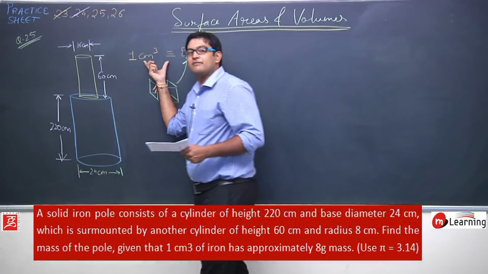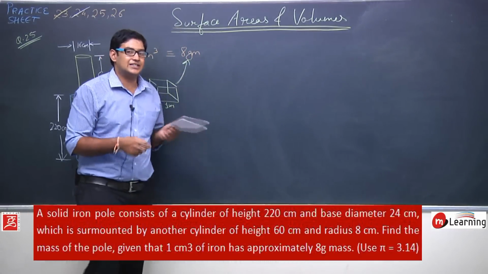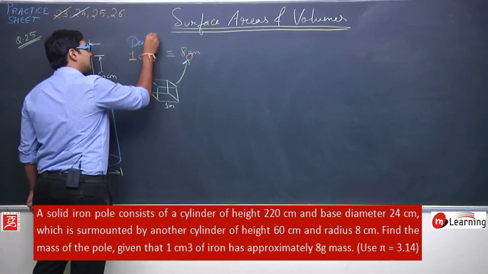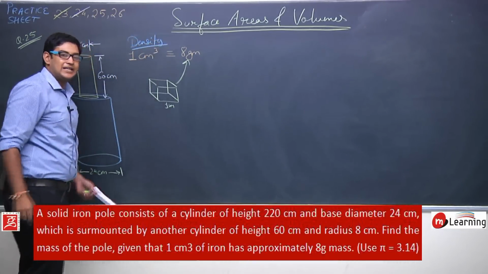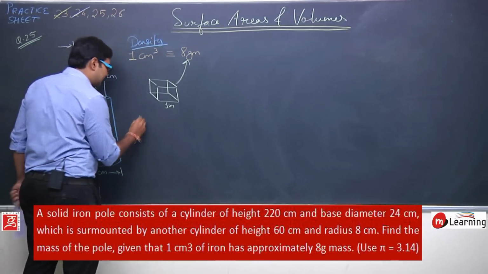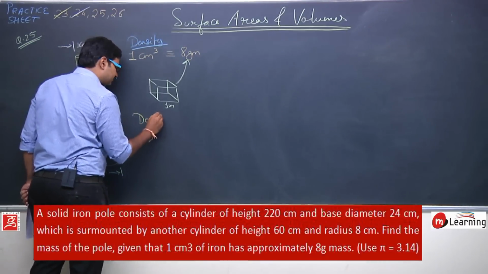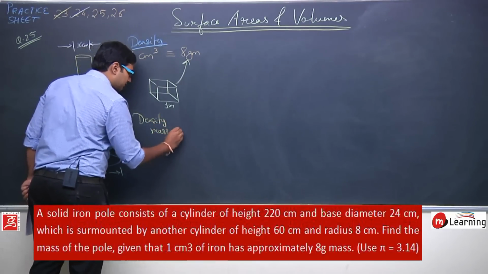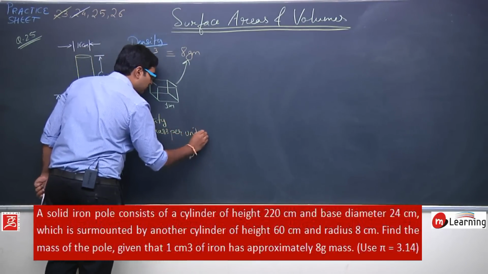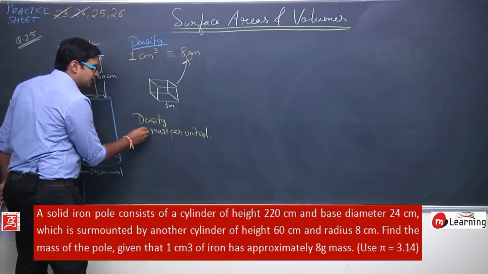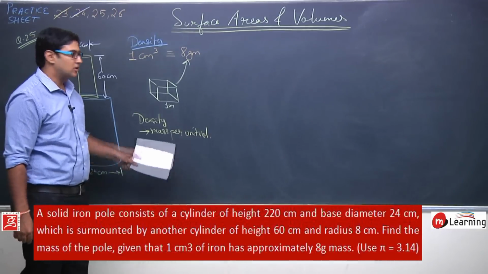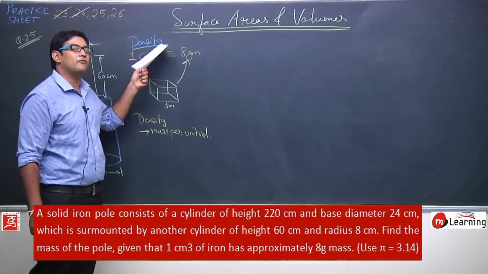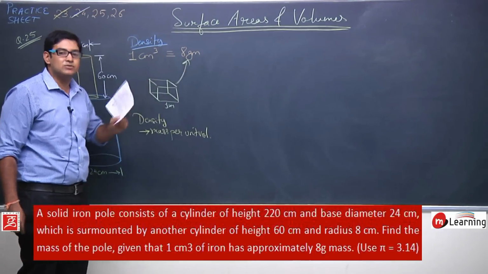This particular conversion, this particular value, this relation is known as density. Okay, इसे ही हम density भी कहते हैं. What is density? Density is mass per unit volume. Okay, डेंसिटी का मतलब होता है मास पर यूनिट वॉल्यूम. Now from this, what is given is that 1 centimeter cube of volume is equivalent to 8 grams of mass.